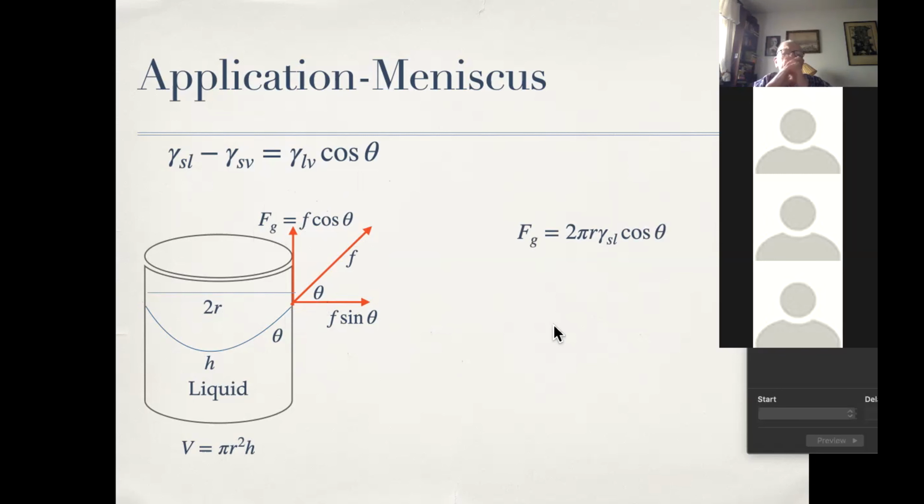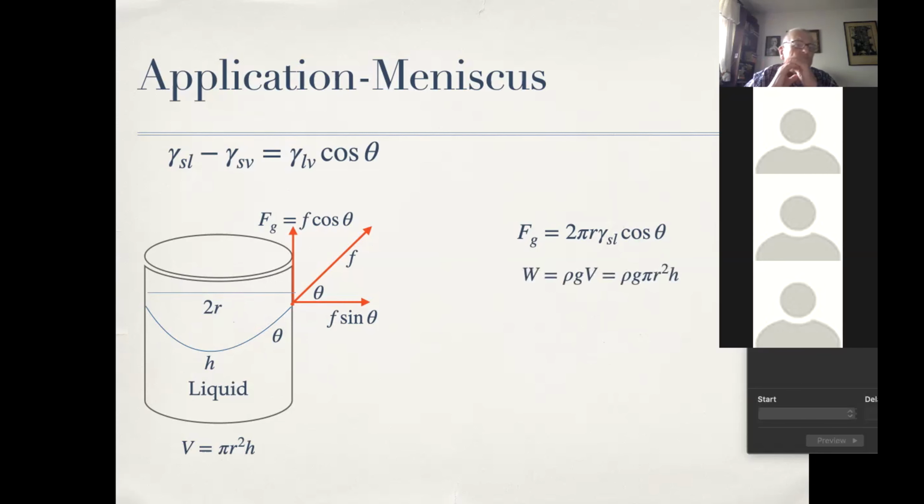From the Young equation, we easily find that this force per unit length, since this is a cylindrical container and the perimeter is simply 2 pi r, is the solid-liquid surface tension times the cosine of theta.